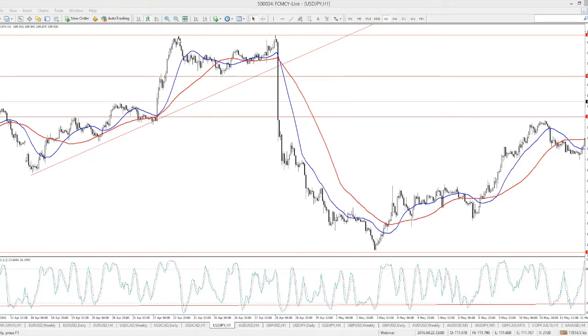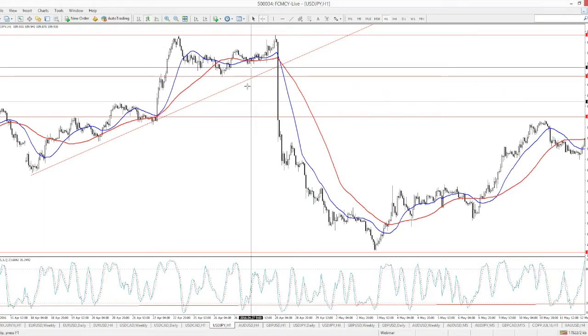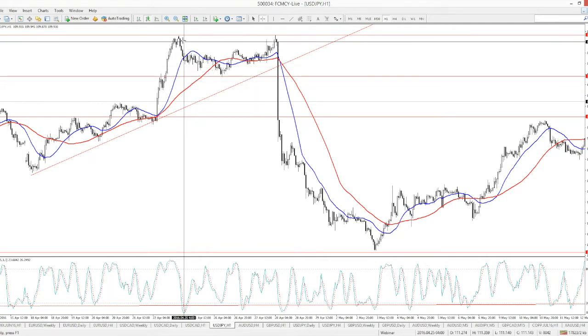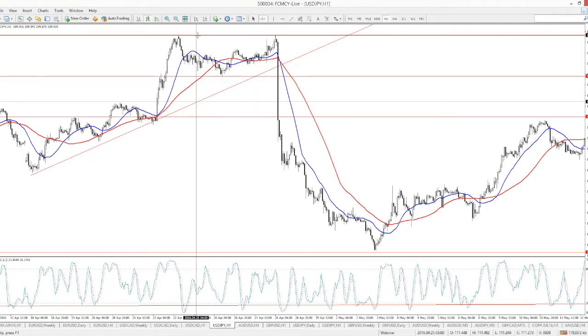So we can see that if we take the distance from the peak to the trough, and this is 1.188 points, we can take the price target and subtract it from 110.67, and the price target goes to 109.45, and that one can work also in the future as a support.